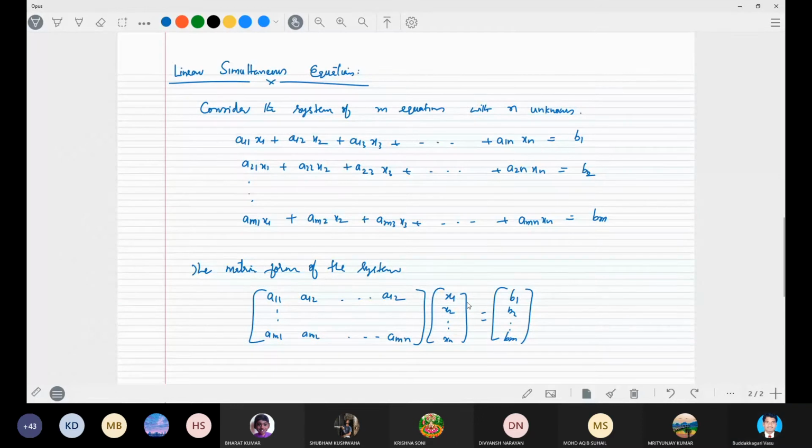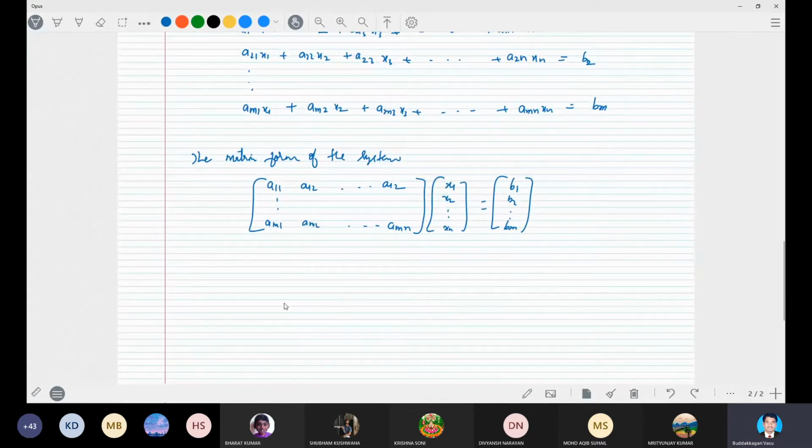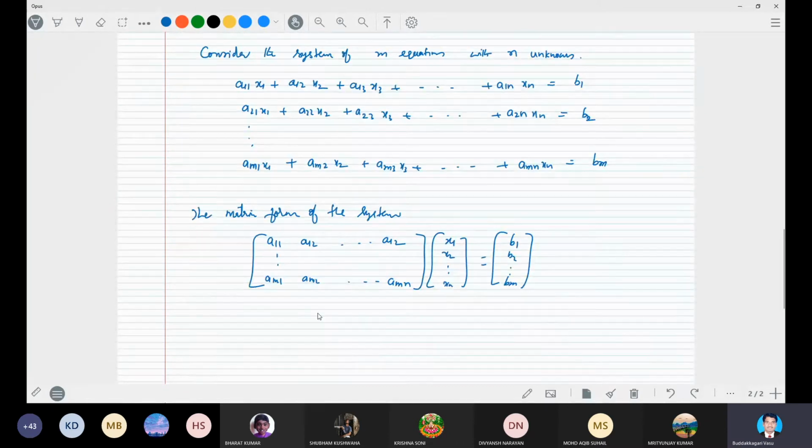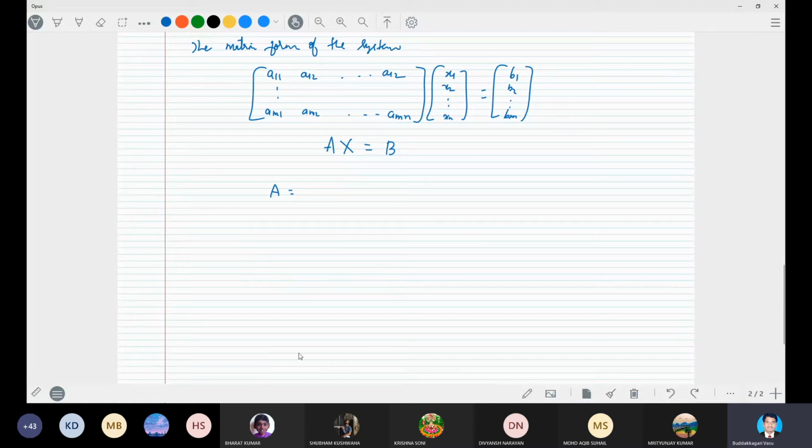Symbolically we denote it as AX equals B, where A is the coefficient matrix of the system, that is a11, a12, so on, a1n, a21, a22, so on, a2n, so on, am1, am2, so on, amn.